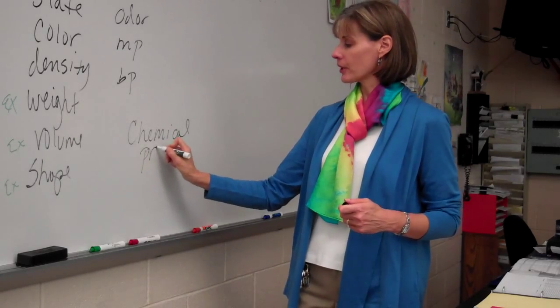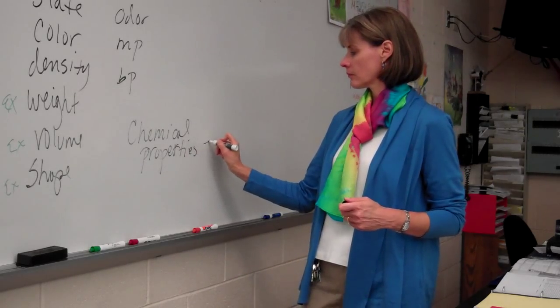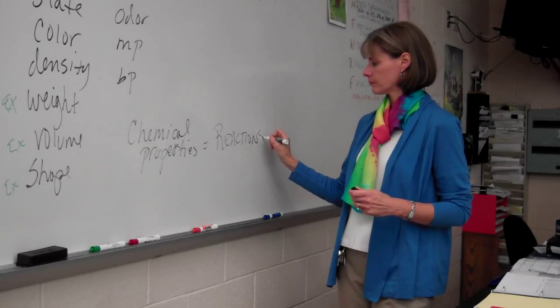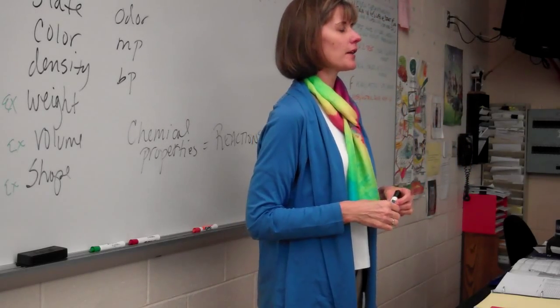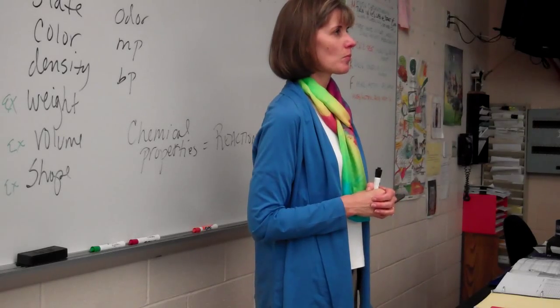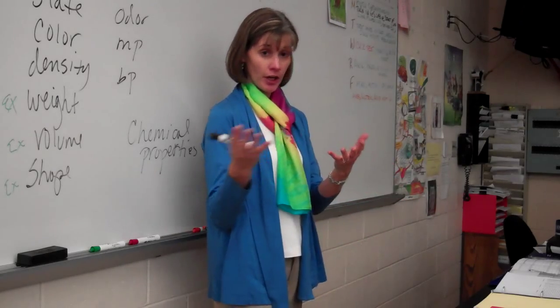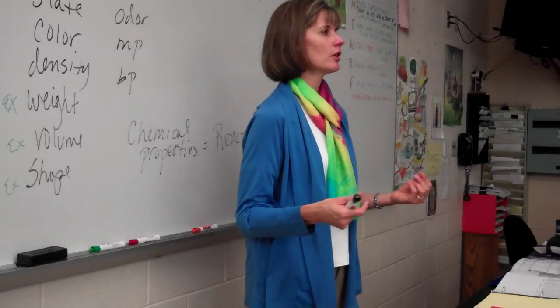So chemical properties, reactions. Okay, so if I say that a chunk of iron is like the iron filings we had in lab, it's kind of a grayish brown color.